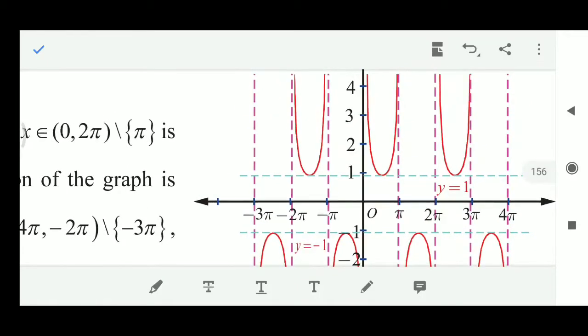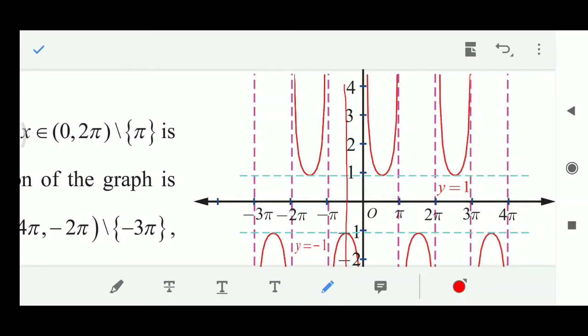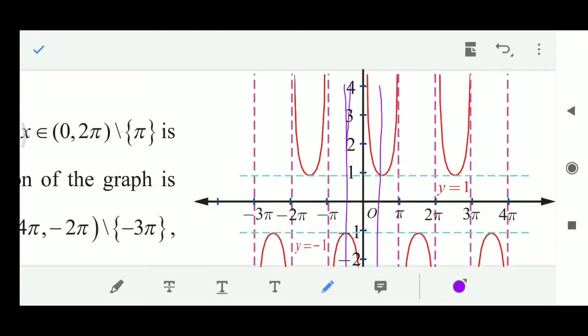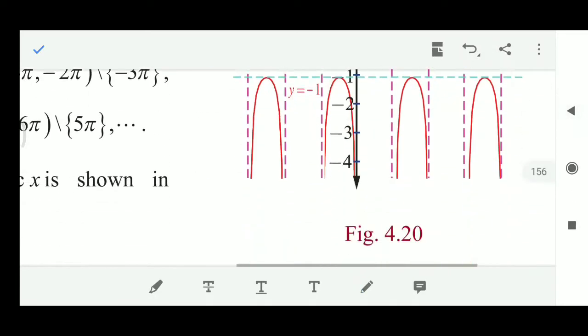In this, we are going to restrict the domain to draw the cosecant inverse function. So I am going to restrict the domain as minus pi by 2 to plus pi by 2. If you restrict from minus pi by 2 to plus pi by 2, you will get a graph for all the values from minus infinity to minus 1 and plus 1 to plus infinity.